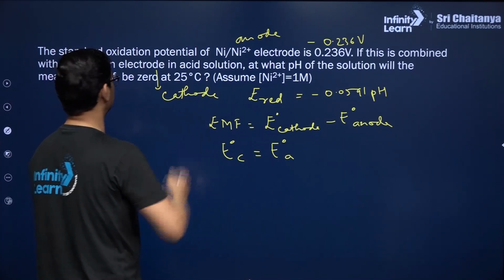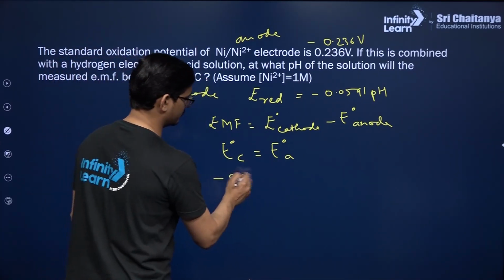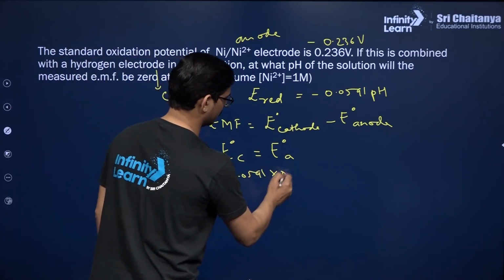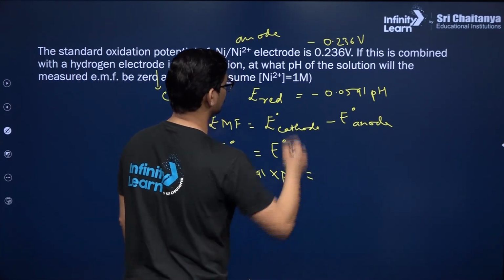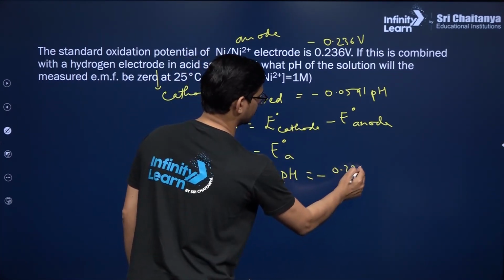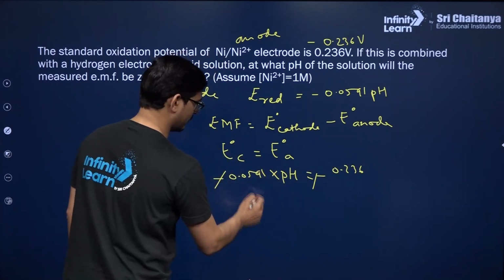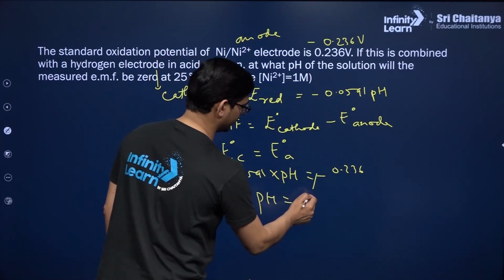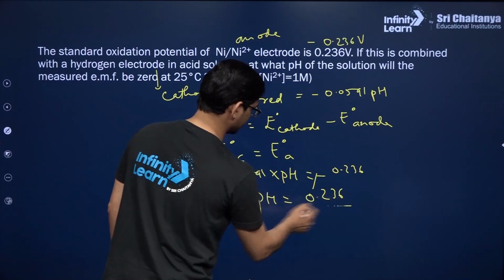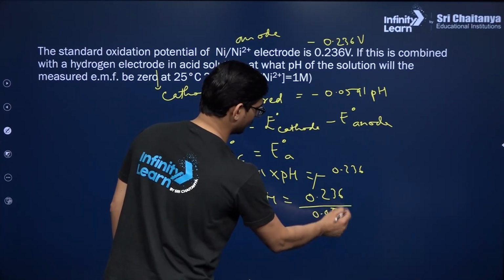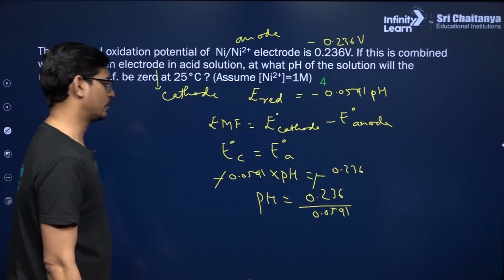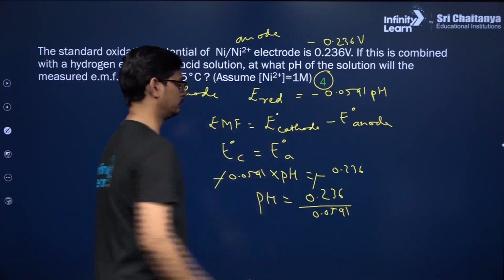Cathode is this hydrogen, which is minus 0.0591 pH, and anode is nickel, whose reduction potential is minus 0.236. Minus minus cancel, and now from here you can calculate the pH, which is 0.236 divided by 0.0591, right? The answer will come out to be approximately 4, right?